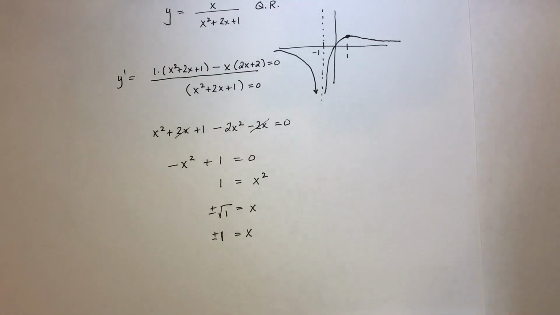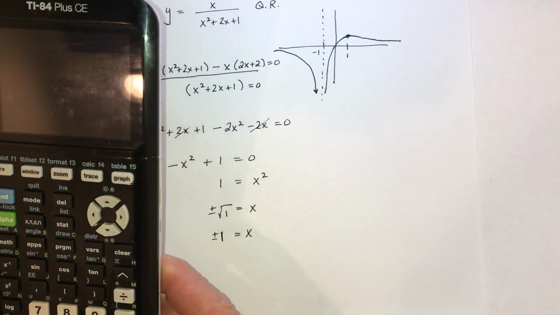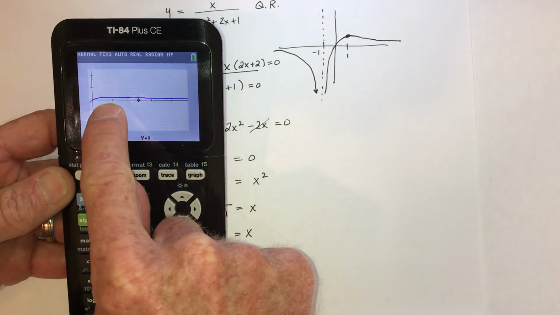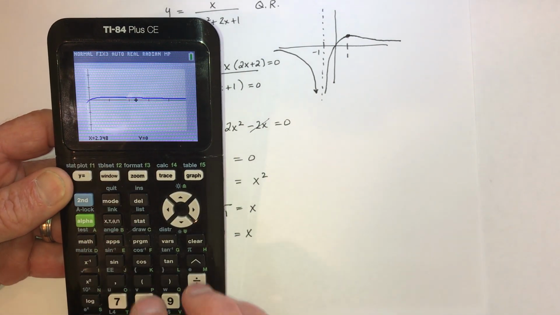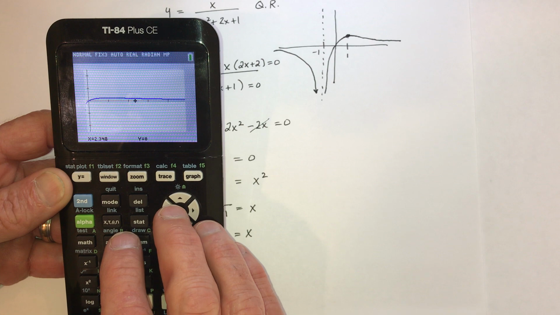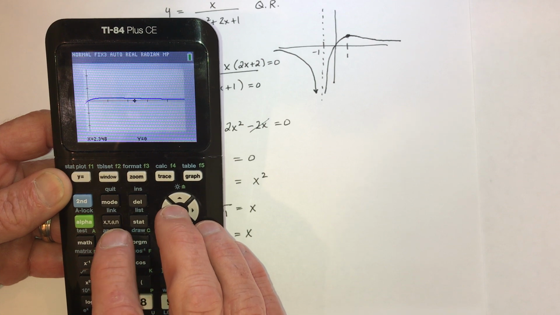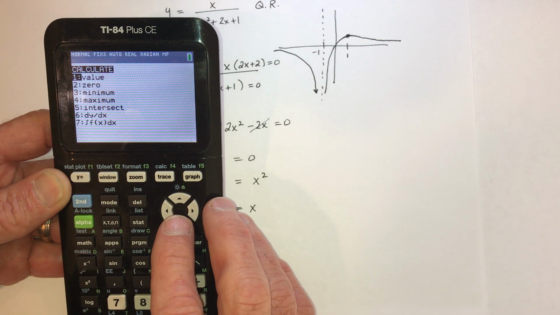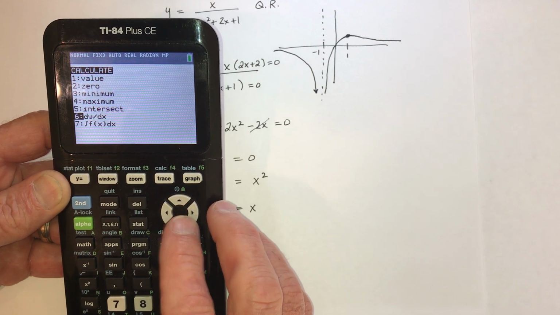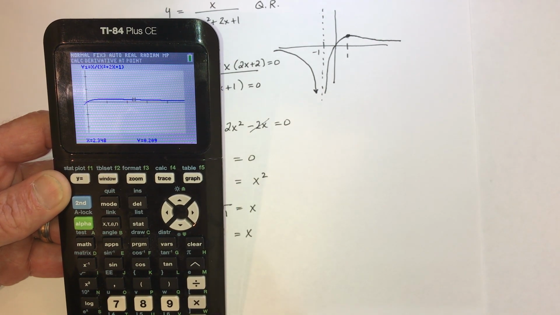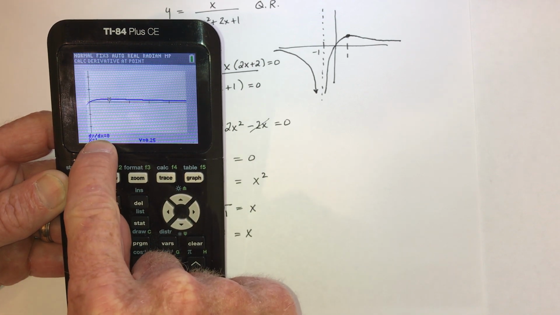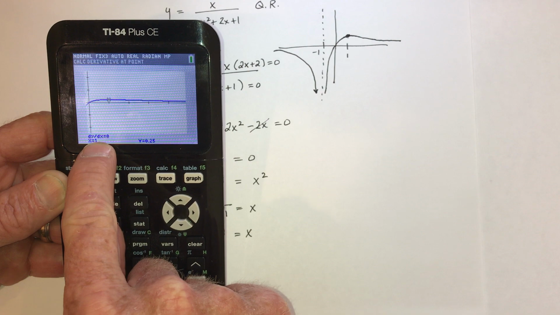Now I can check my answer. So when I go to this 1, and I tell the calculator find the derivative, it should tell me the derivative equals 0 right there. So I go to second calculate, and then number 6 is the derivative. Plug in the number 1, and it says you were right, the derivative equals 0 right there.